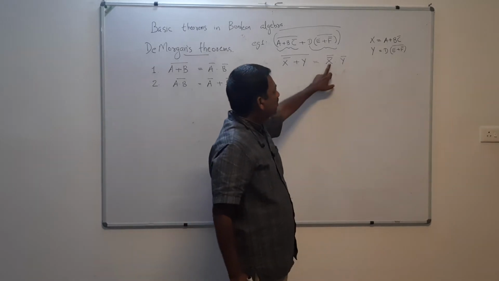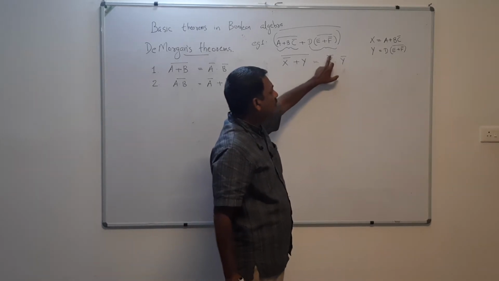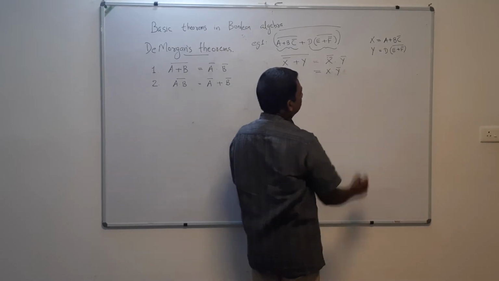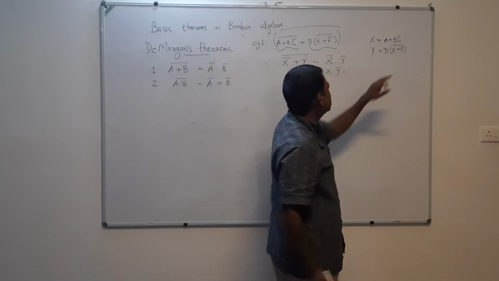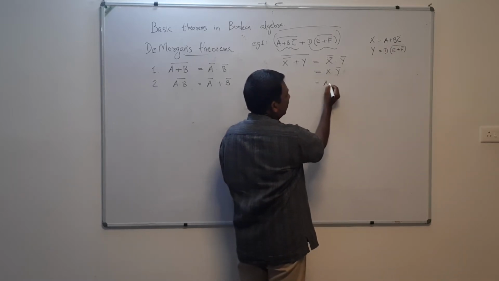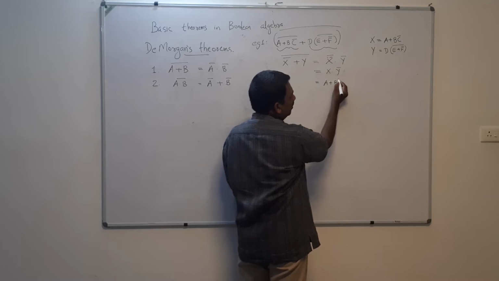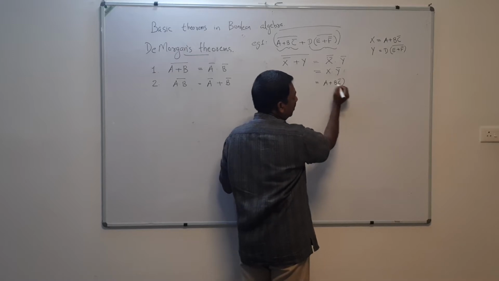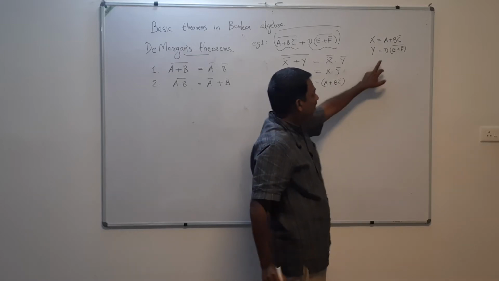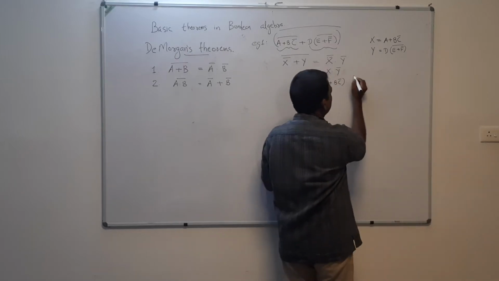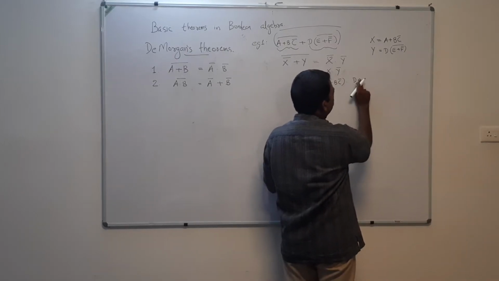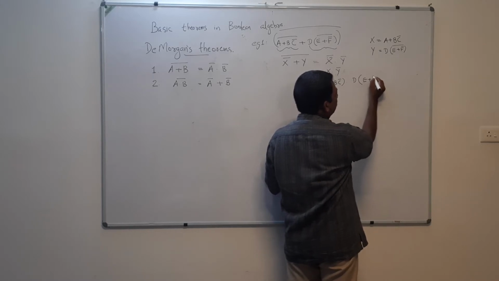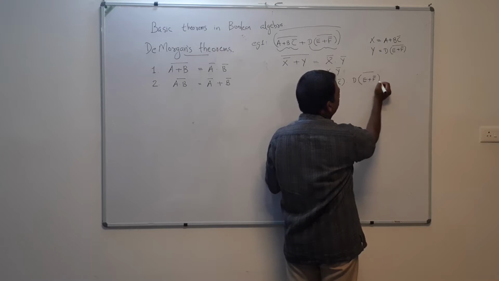X bar the whole bar means X. That means X dot Y bar. What is X? X is A plus BC bar, dot, what is Y bar? Y bar is D into E plus F bar the whole bar.